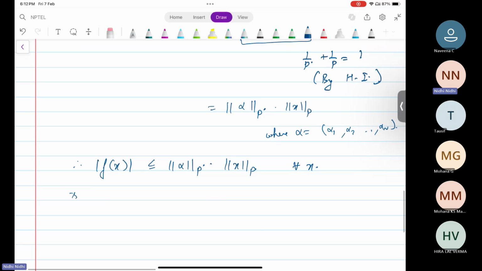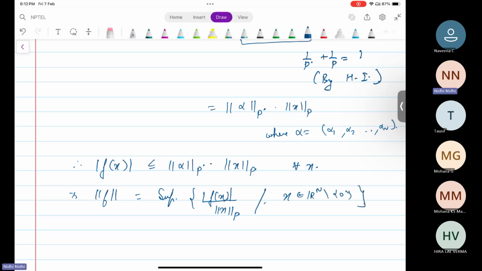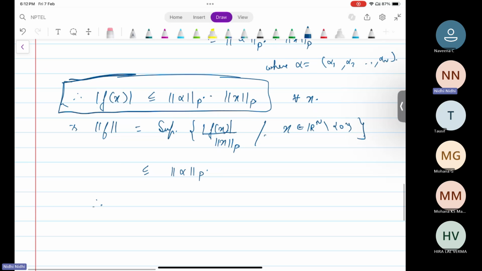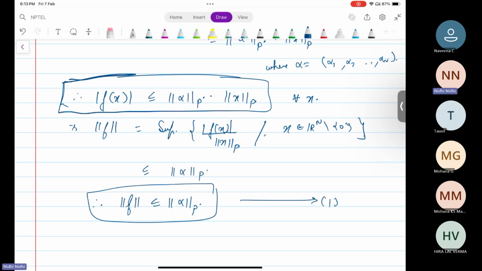This tells us that the operator norm, which is the supremum of modulus f(x) by norm x_p, x non-zero in R^n minus 0, is less than or equal to, from this inequality, the p star norm of alpha. Therefore norm f is less than or equal to the p star norm of alpha. And this is our equation first.